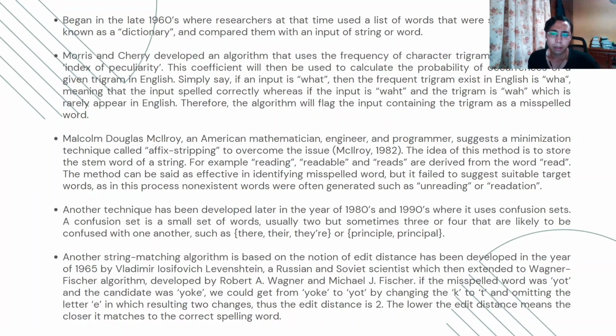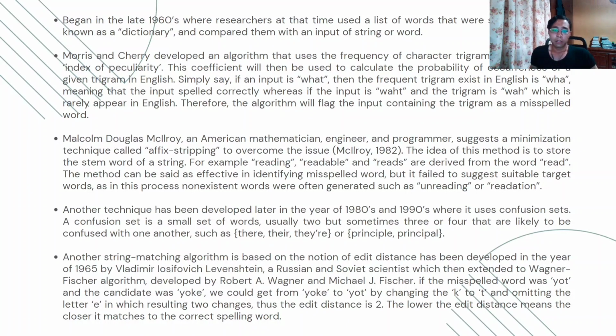It will store the stem word, which is read. The method can be said to be effective in identifying a misspelled word, but it failed to suggest suitable target words, as in this process non-existent words were often generated, such as unreading or relation. Sometimes humans can make typos when spelling a word.